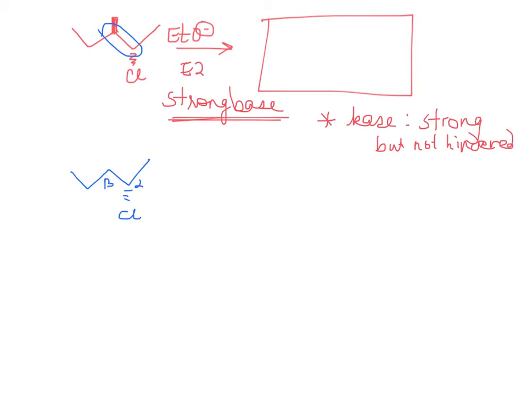The next one over is beta, and you have the methyl group, and you have the hydrogen pointing backwards. Since you expect this reaction to be stereospecific, you can expect only one alkene rather than a mixture of stereoisomeric alkenes in this case.